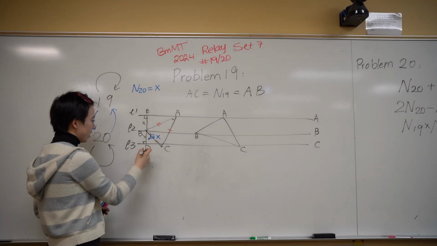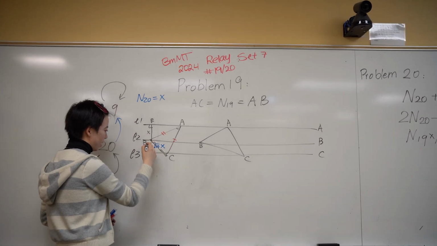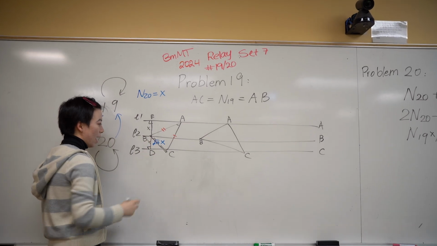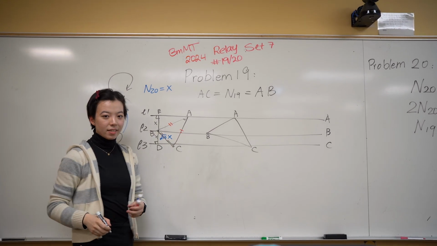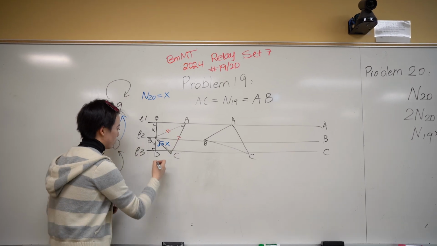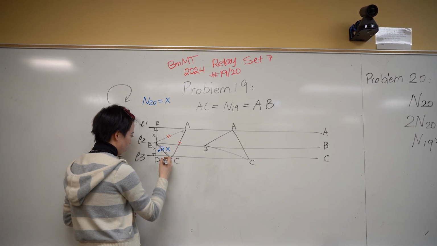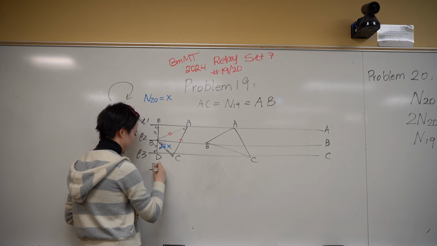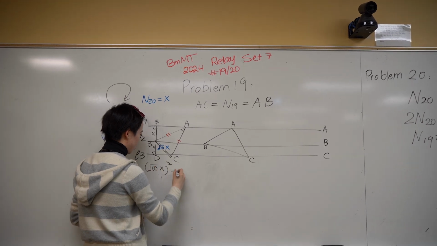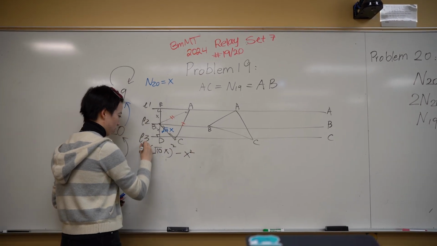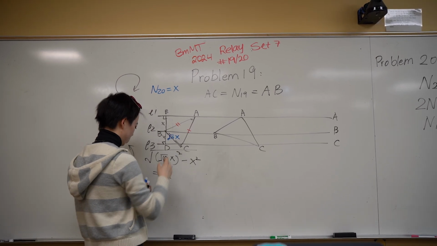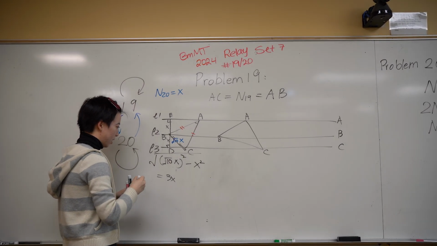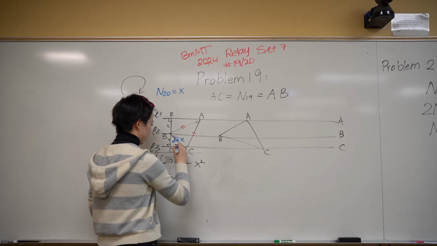So this is a right triangle, triangle BDC. By the Pythagorean theorem, square root of 10x is our hypotenuse, and we can derive DC as the square root of square root of 10x squared minus x squared. This will give us 3x. So DC is equal to 3x.